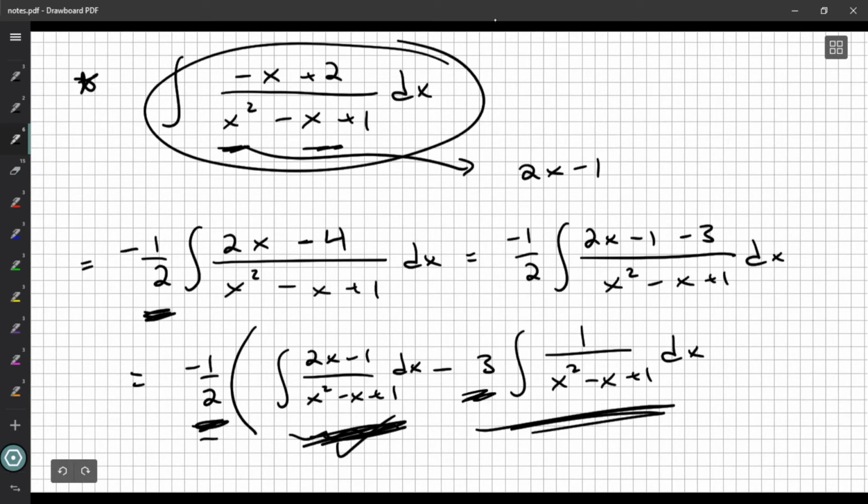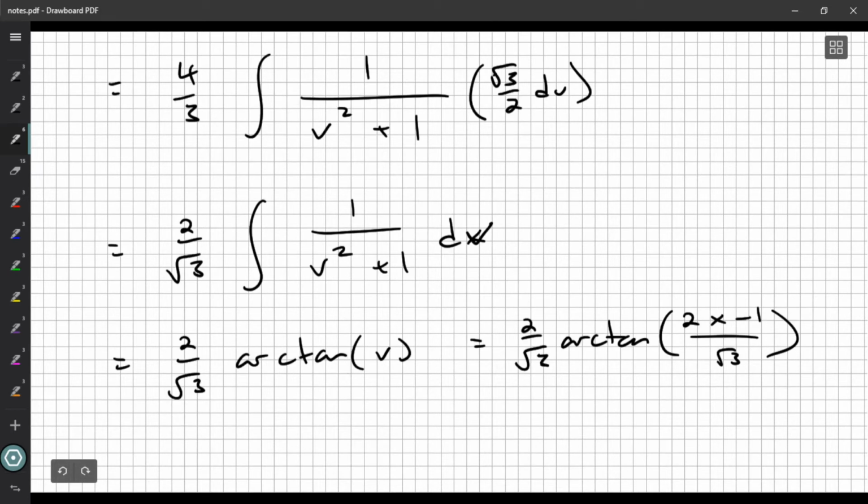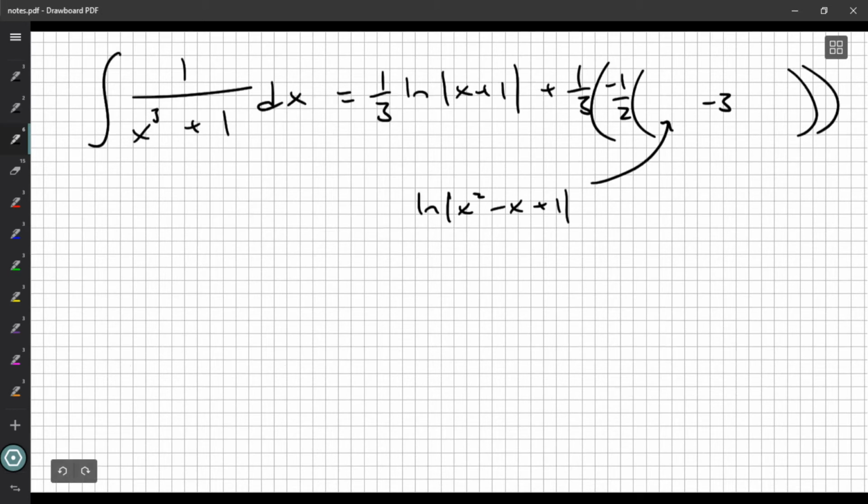Yep, -3, still inside the -1/2. -3, and then we had to integrate this, which we eventually showed was this. So we'll actually have that 3 and part of the root 3 cancel out. 2 over root 3 arctan 2x minus 1 over root 3. And then we'll add a plus c in a moment.